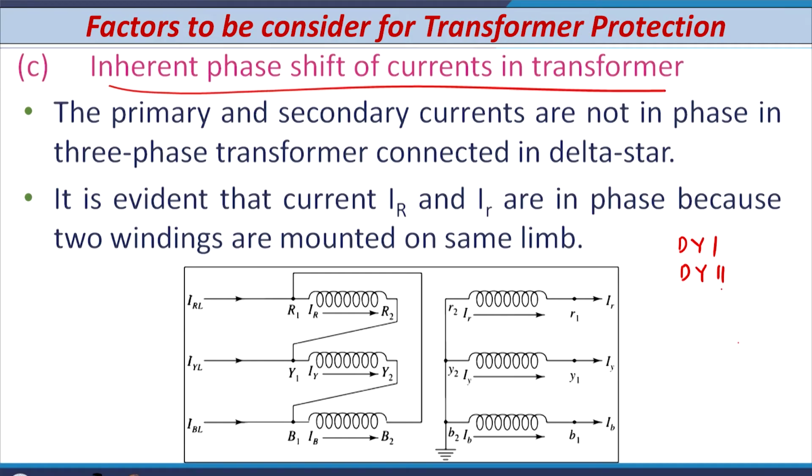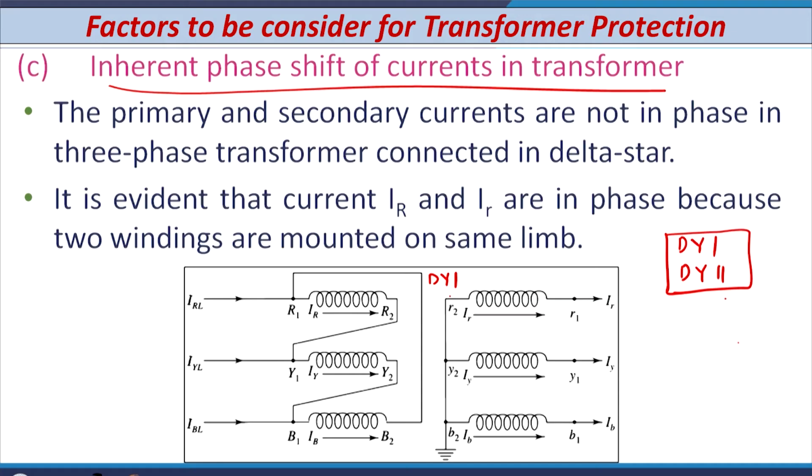The other vector groups, dy7 and dy5, are not used. So, we use only either dy1 or dy11. Here I have shown the diagram for the dy1 vector group, a delta star transformer with connection 1.